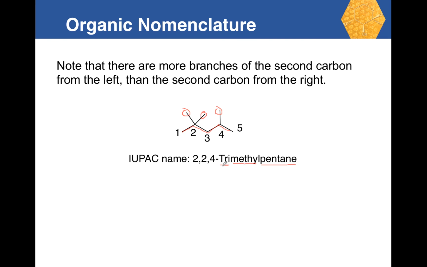So it's a trimethyl, and because we have 3 for trimethyl, we need 3 numbers back here to indicate the 3 carbons that these 3 methyl groups are on. And as you can see here, they are on carbons 2, so 2, 2, and 4. So 2,2,4-trimethylpentane. So this would be the IUPAC name of this molecule.